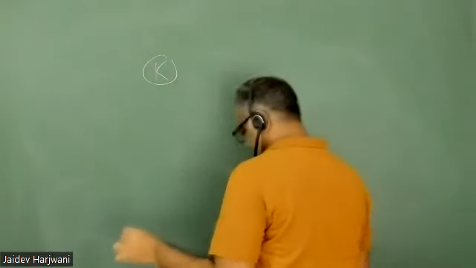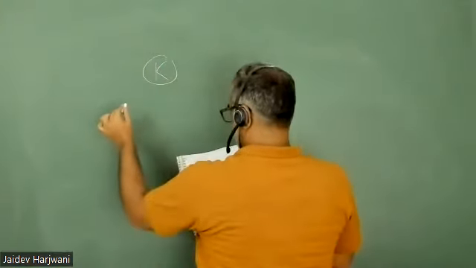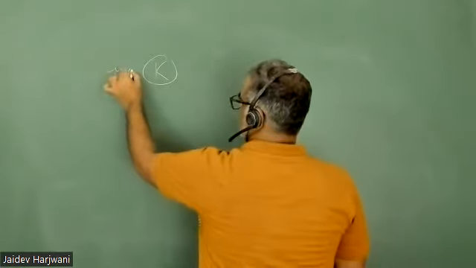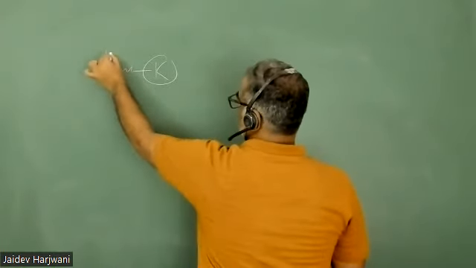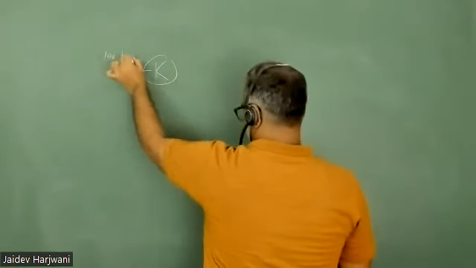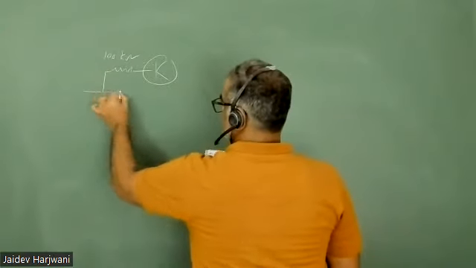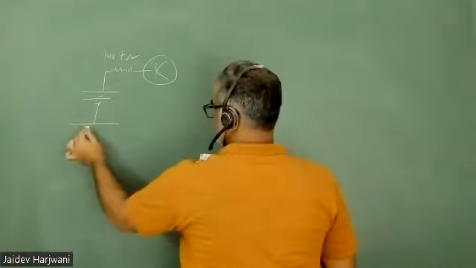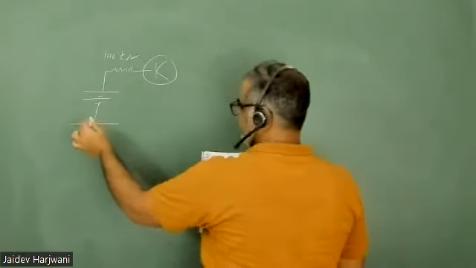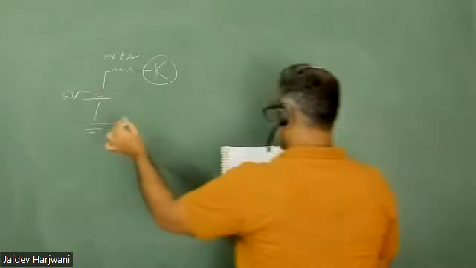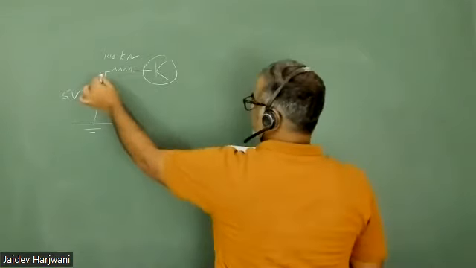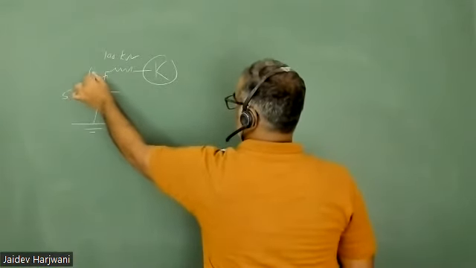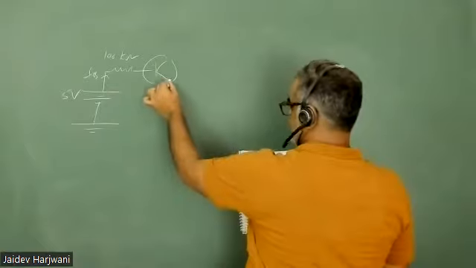We have been given this circuit. This is 100 kilo ohm, and this is a 5 volt source. Here the current going is IB.